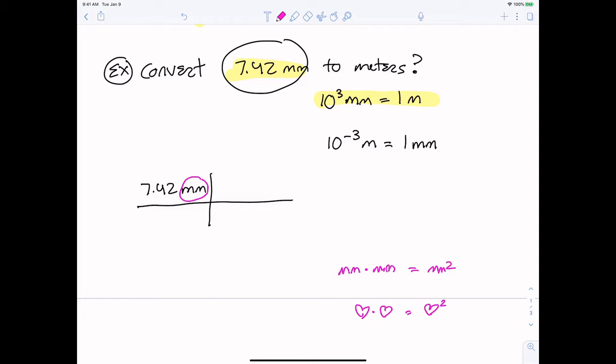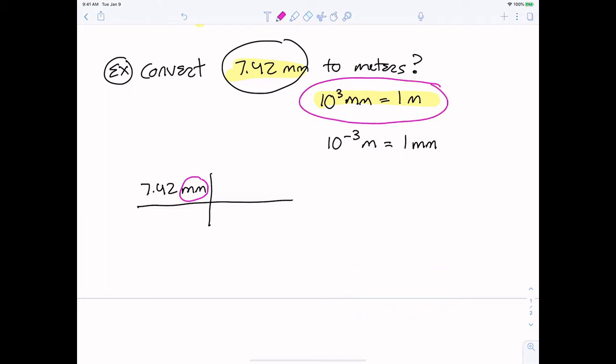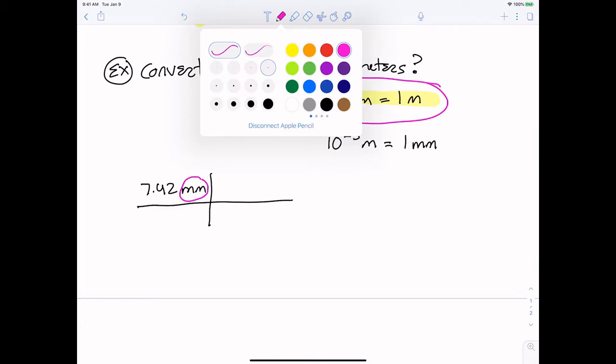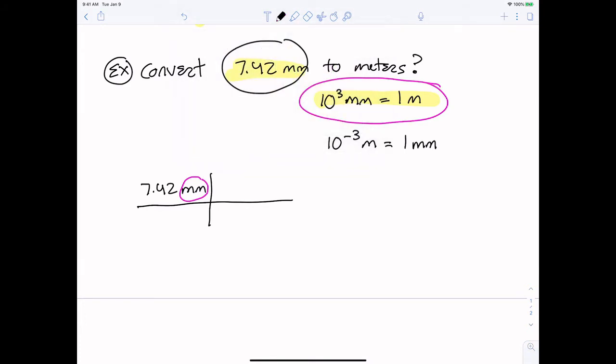We have to divide by it, not multiply. So because millimeters are on the top, I'm going to grab the one that has millimeters on the bottom so that it cancels. So 10 to the third millimeters goes on the bottom, and then 1 meter goes on the top.